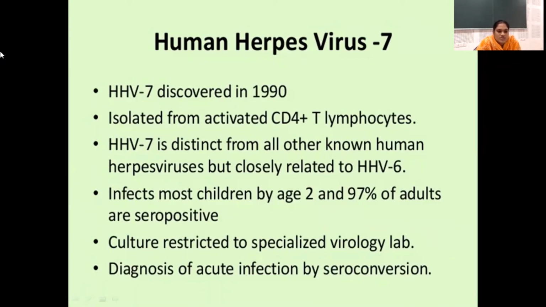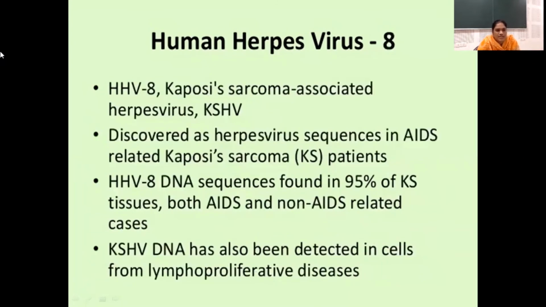The diagnosis of the acute infection is by seroconversion. Then the herpes virus type 8, Kaposi sarcoma associated herpes virus. It was discovered as a herpes virus sequence in AIDS related Kaposi sarcoma patients.